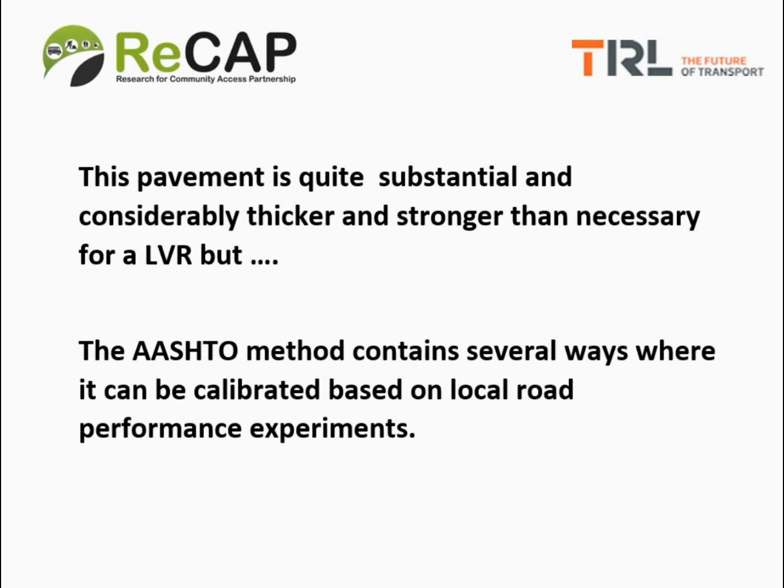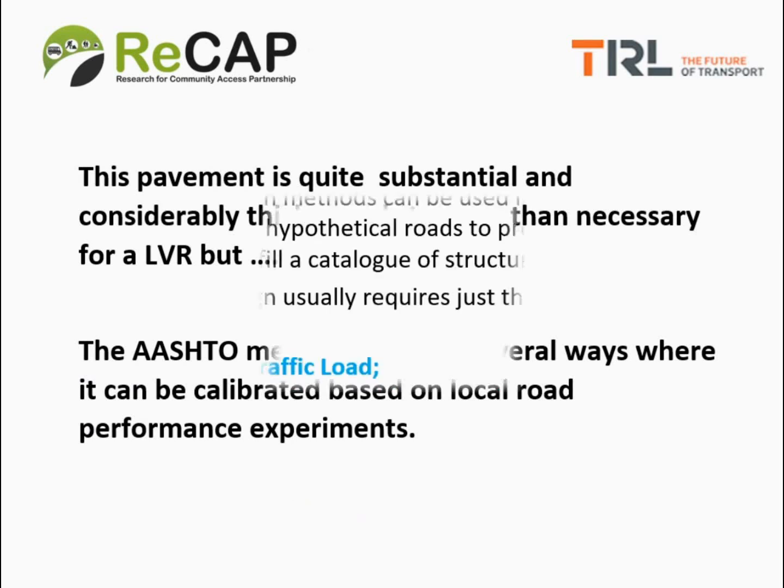In other words, although the way the Americans might use it is conservative and gives you a fairly thick structure, depending on climate, we can vary the M coefficients, we can vary the S naught term, we can design for a different level of reliability. So there are, as I say, 3 or 4 ways in which it can be calibrated for your local conditions, and that is what most users have to do.